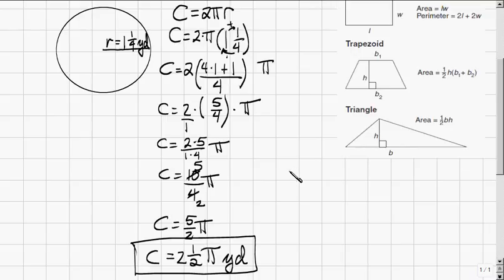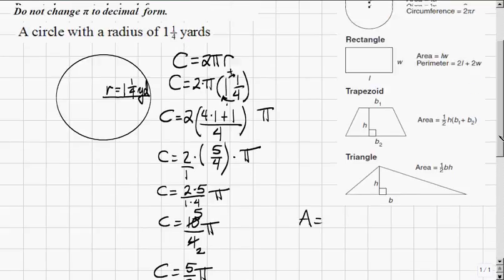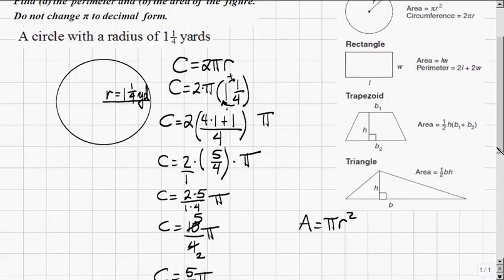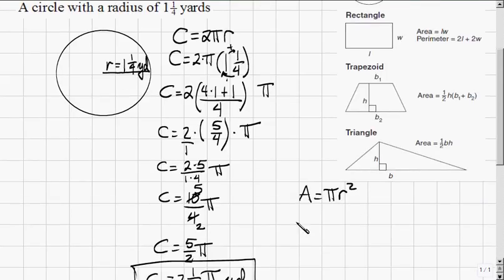And we'll do the area in the lower right corner of our screen. The formula for area of a circle, if we go back and look, is pi times the radius squared. So that means we'll first write the formula down, pi times the radius squared, where the radius in this problem is 1 1/4 yards. So let's replace r with 1 1/4.